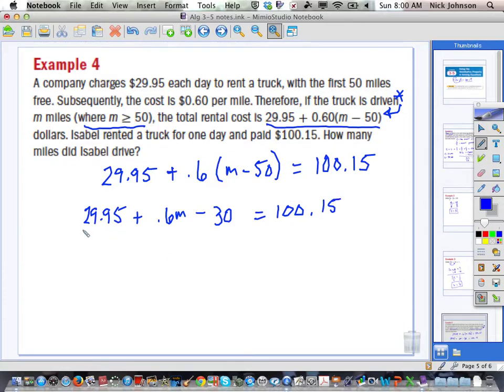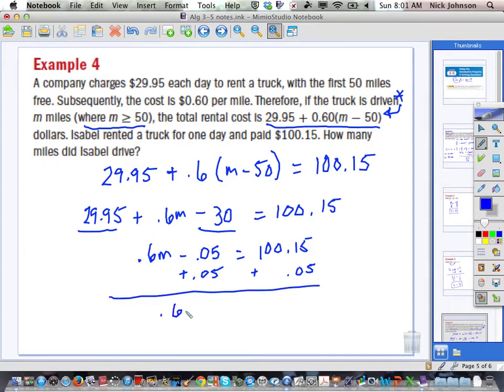Now, what you should notice is this and this are like terms. $29.95 subtract $30 gives us a negative 5 cents. Okay, be careful with your decimals. Equals 100.15. The inverse of subtracting 0.05 is adding 0.05. Line up your decimals.